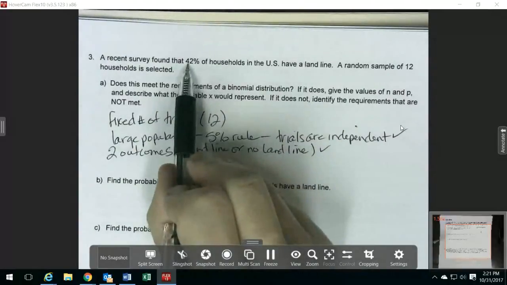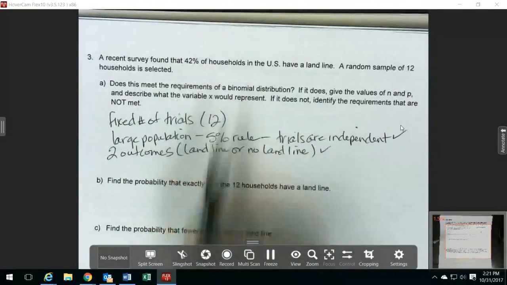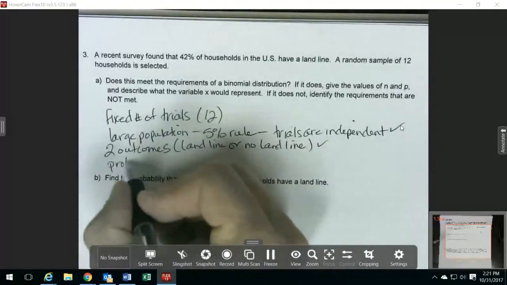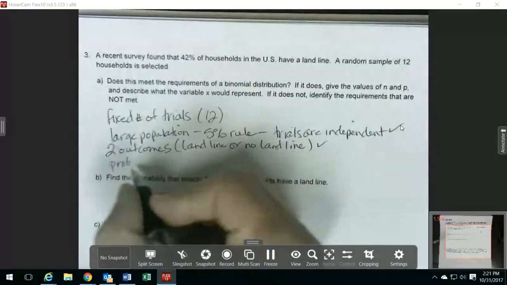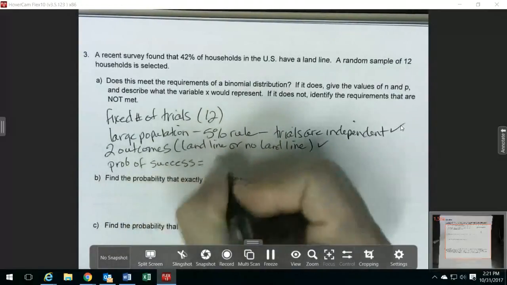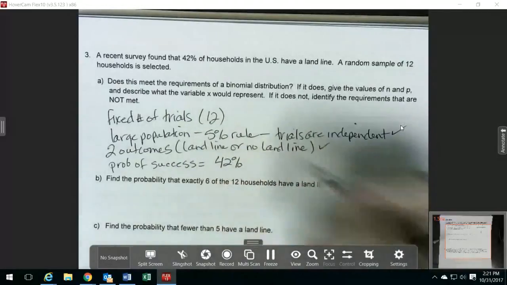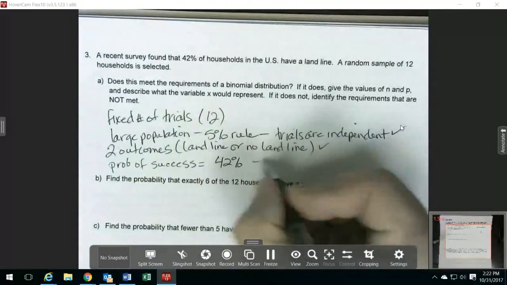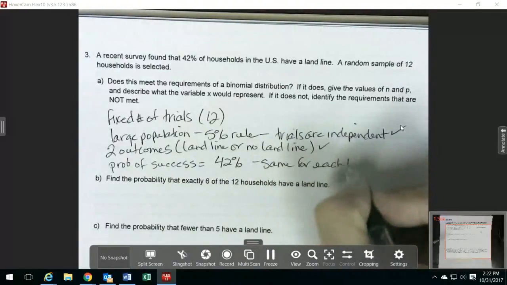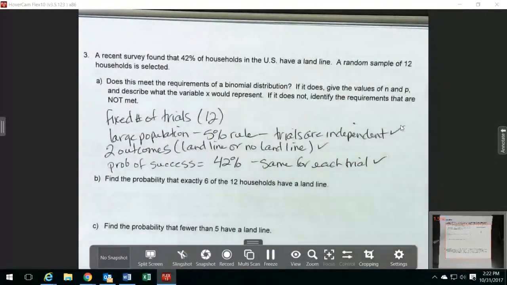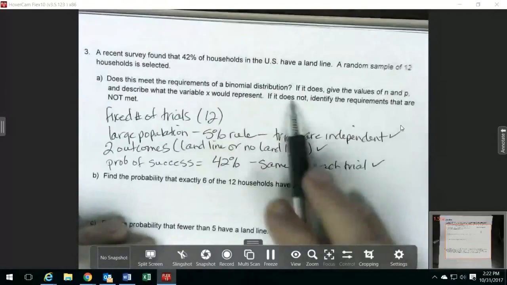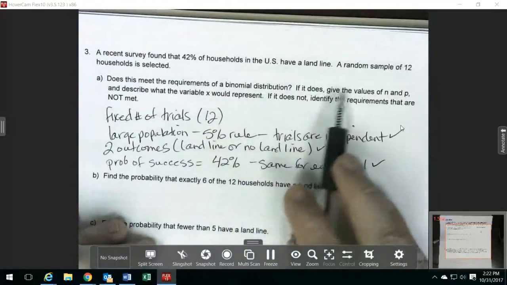If 42% of households do have a landline, our probability of success each time we select one household would be 42%. So it's the same for each one. So that requirement is met also. Okay, so yes, it does meet the requirements.